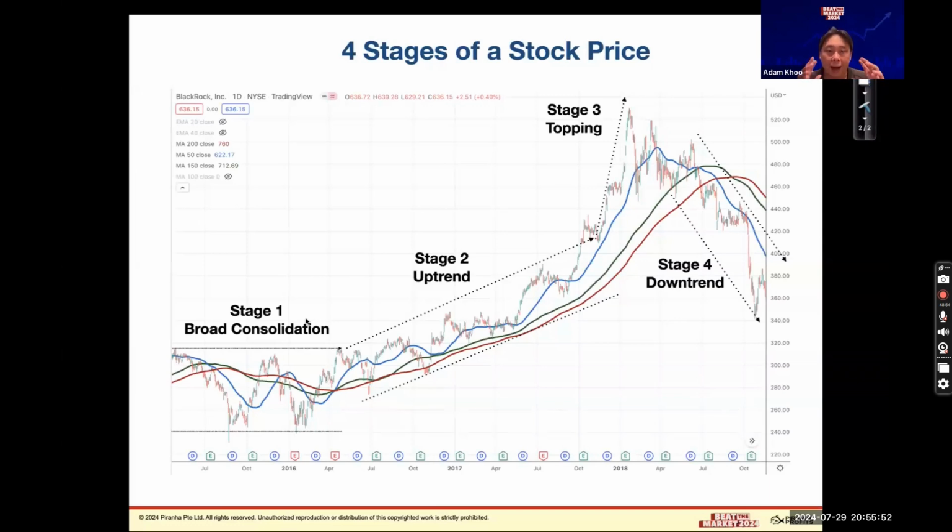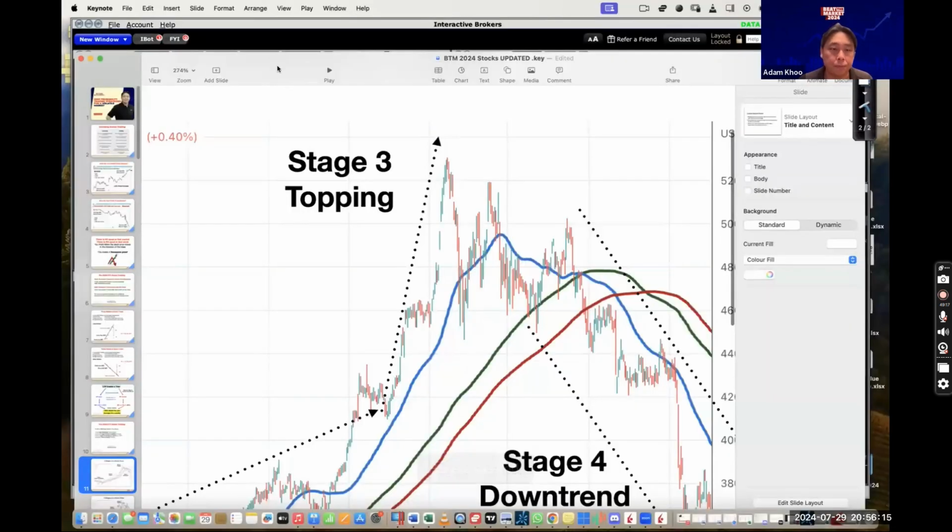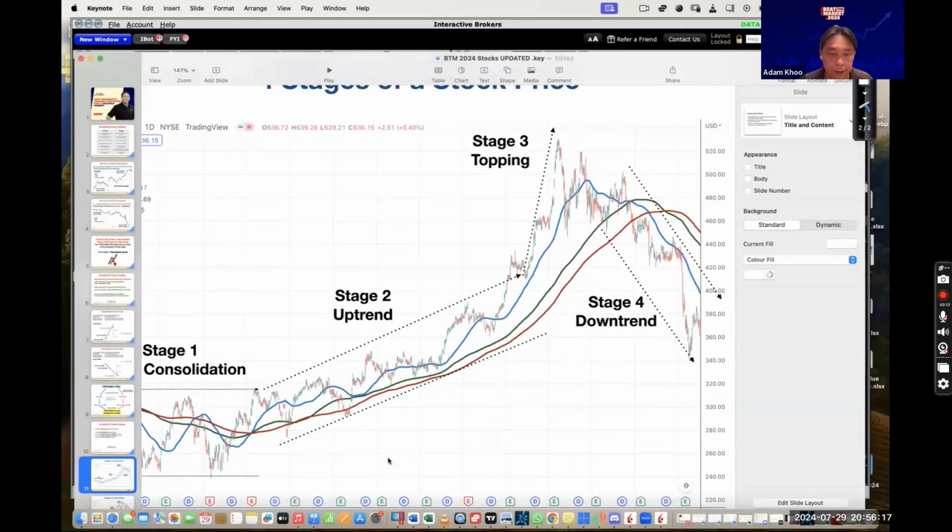The whole point of understanding this is not to predict that now it's stage 2, it's going to stage 3. No. The whole point is to look at the chart and tell which stage it is in. So, for example, let's take a look at the S&P 500 right now, which is the overall market.